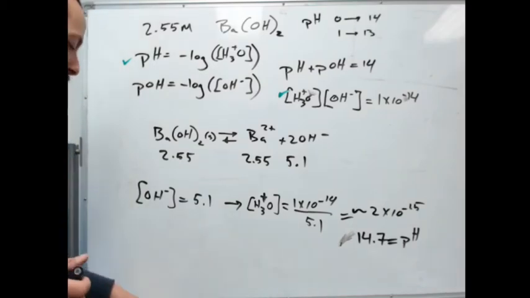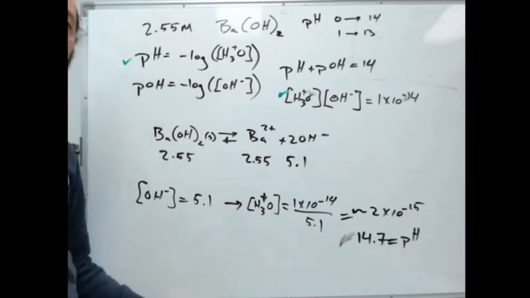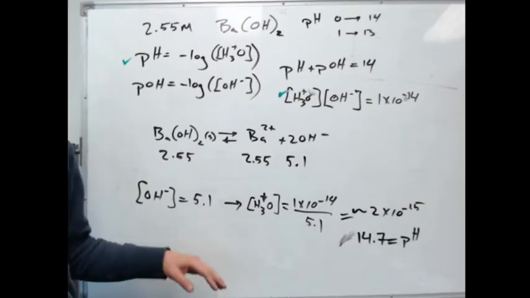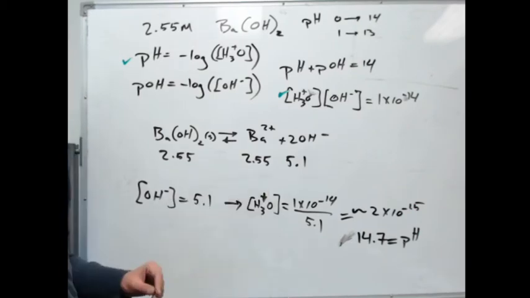There's a couple different ways that we can explain that phenomenon. The correct way is to say activity coefficients of water interacting with ions, and once you go to high enough ion concentrations, there are interactions that we're not taking into account. We're assuming ideal solutions where the OH- ions are not interacting with each other. Water can perfectly donate protons, but neither of those things is true. So you're going to run into that problem.